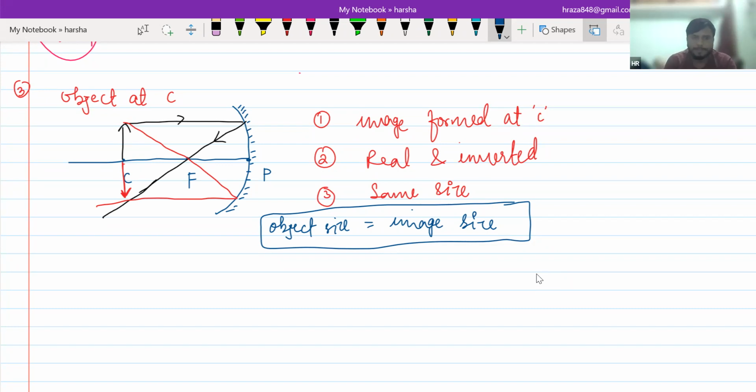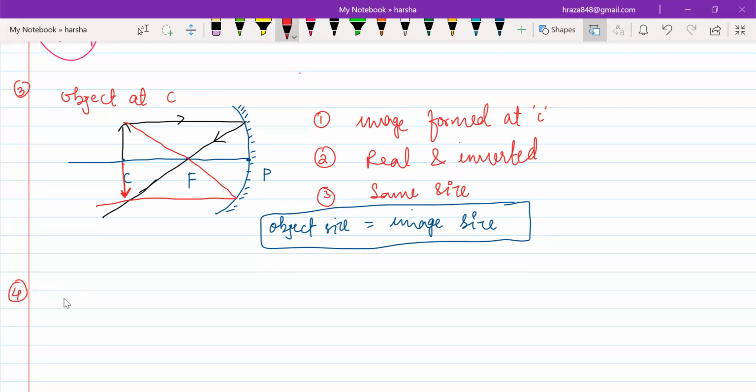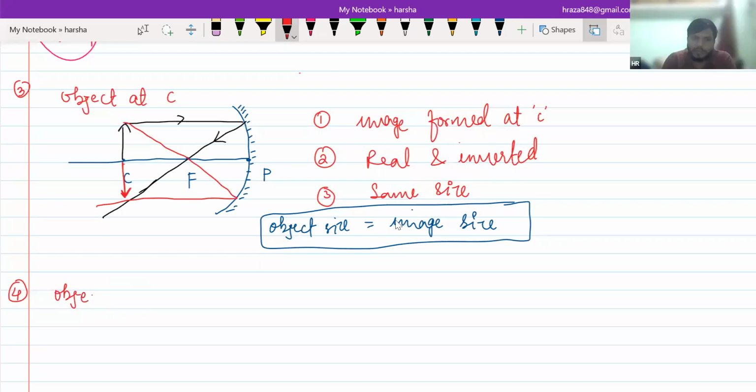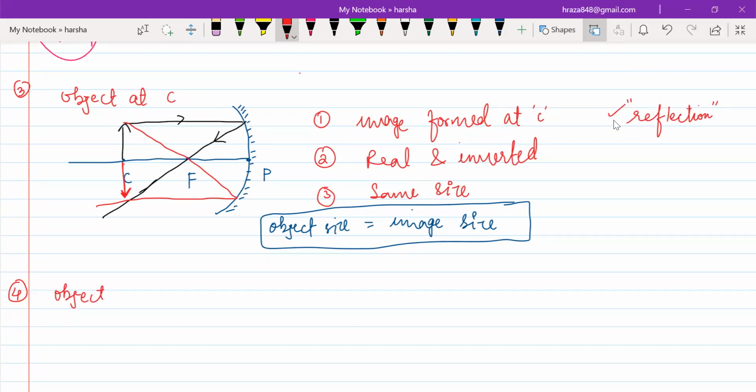Okay, we can complete up to the reflection part. Reflection was in your syllabus, right? Yes, not refraction.